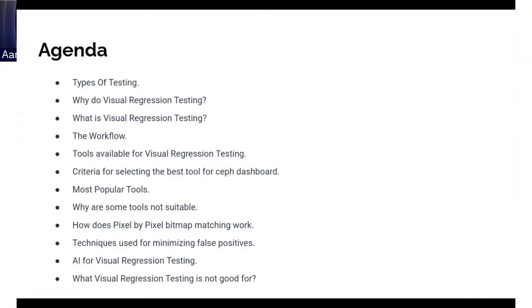And what exactly is visual regression testing, the workflow for it, and the different tools available for it, the criteria used to select the best tool for the Ceph dashboard, and we'll discuss the most popular tools and why some of them are not useful, and we'll discuss pixel by pixel bitmap matching, the algorithm, how it works, and the techniques we use in that.